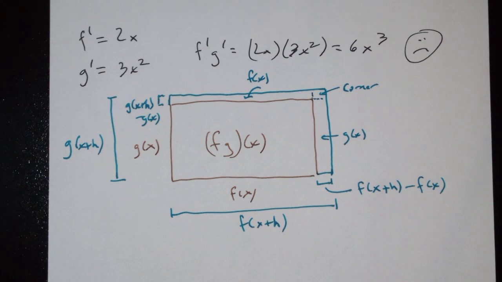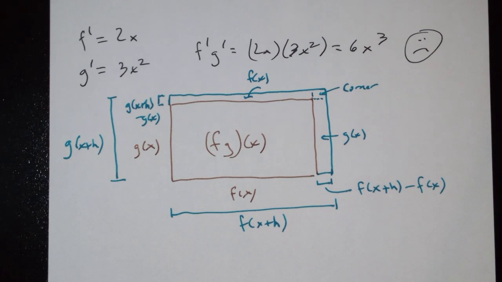But my eventual comment is that I'm going to let h go to 0, right? But I'm also going to do one other thing when I do a derivative. When I set up my limit definition derivative, I have to divide by h, don't I? Let's think about, do you want to look at the top strip or the right strip to start with?